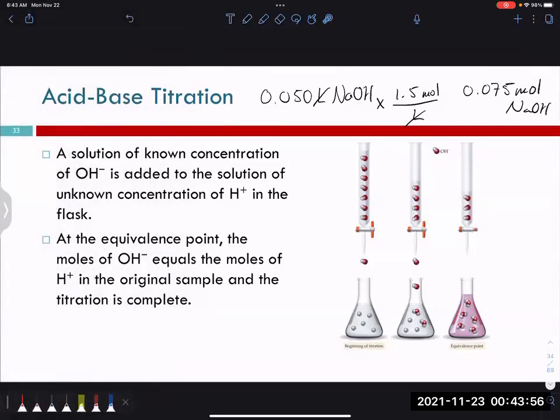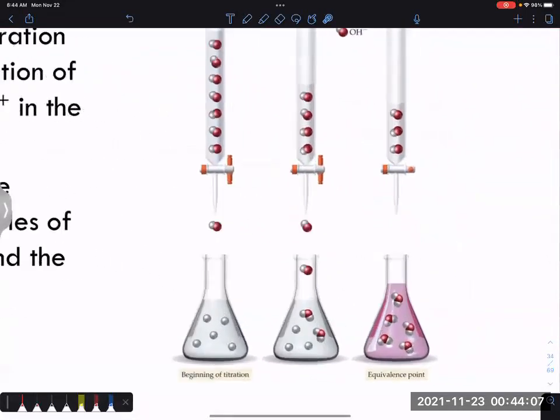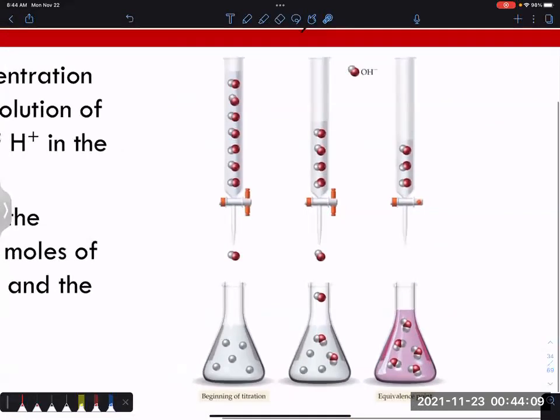So let me zoom. Right, so we're adding this hydroxide. We know exactly the concentration of that. As we add it into our unknown sample, every molecule of hydroxide that we add enters the solution and combines with hydrogen.